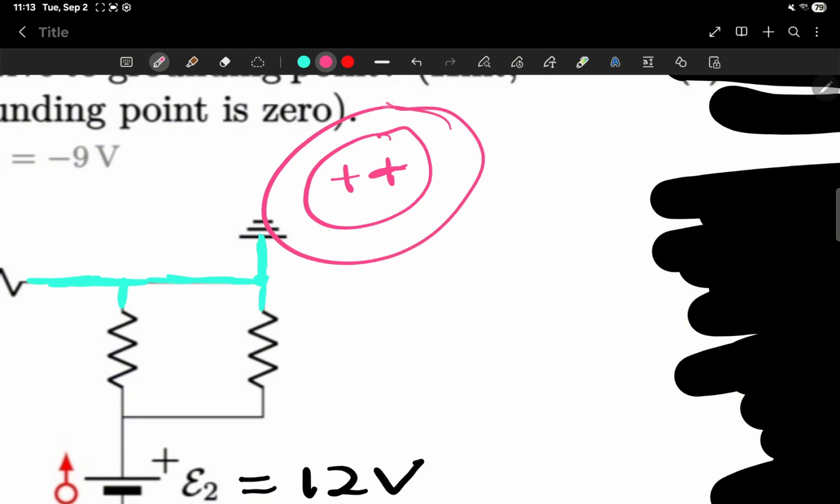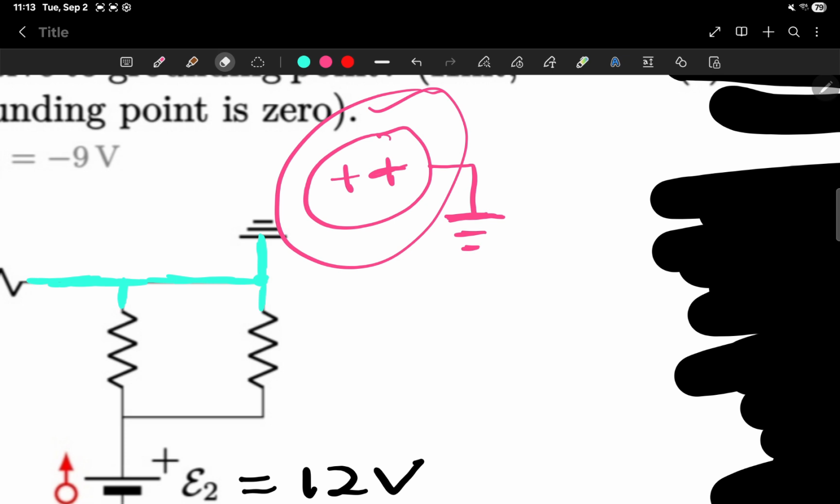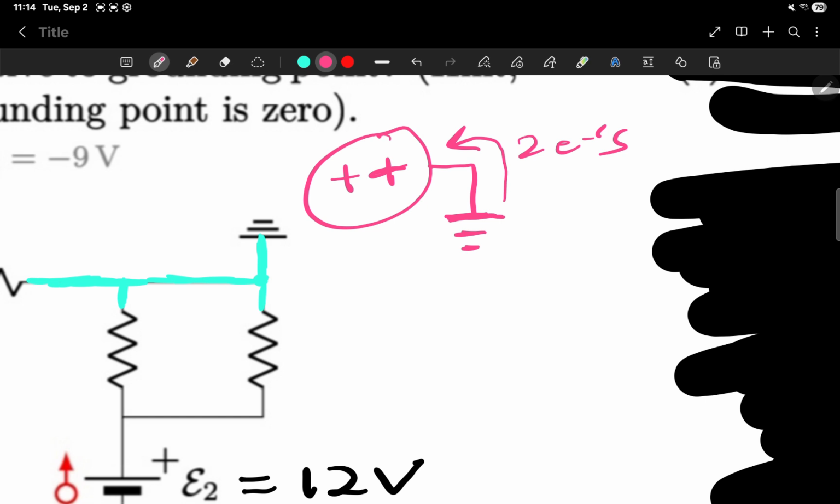If I want to make the metallic sphere neutral, I have to attach it to the earth or to the ground. And what the ground will do is it will neutralize these 2 positive charges on the metallic sphere. How does it do that? The earth or the ground will sort of send 2 negative charges, 2 electrons, to the sphere with the 2 plus charge to make it neutral.